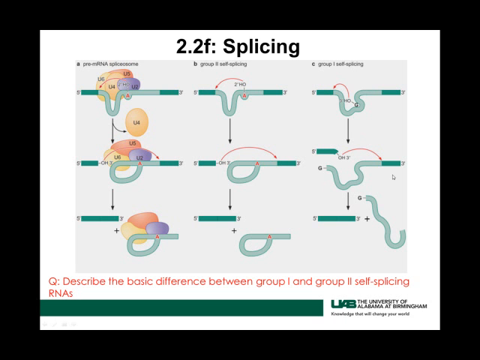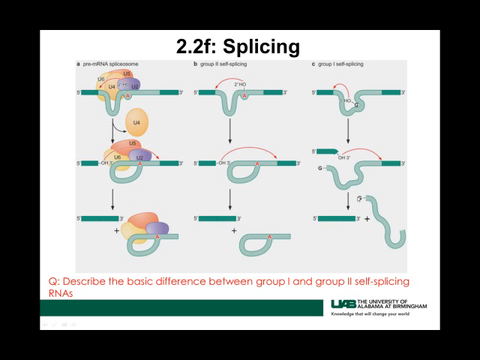So the first thing that happens is this bond is broken. That part of the intron, the G right here, part of the intron, will now form a phosphodiester bond with the G, and now G is going to be at the 5' end of that intron.